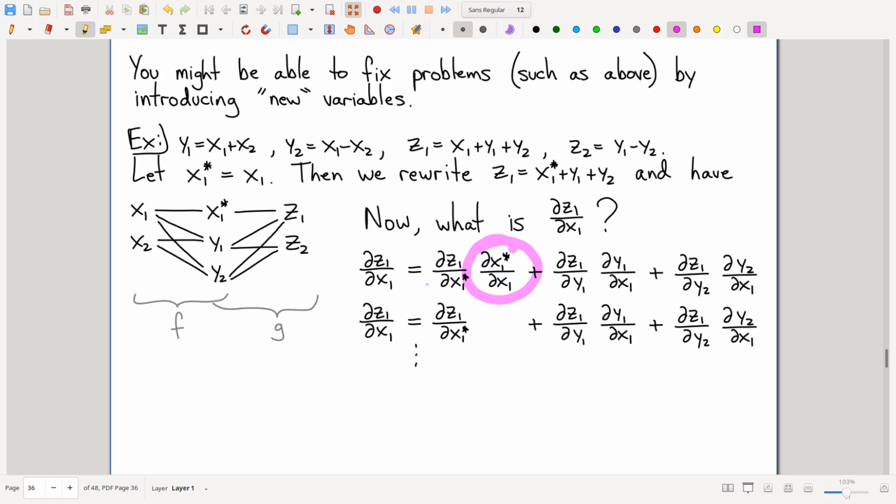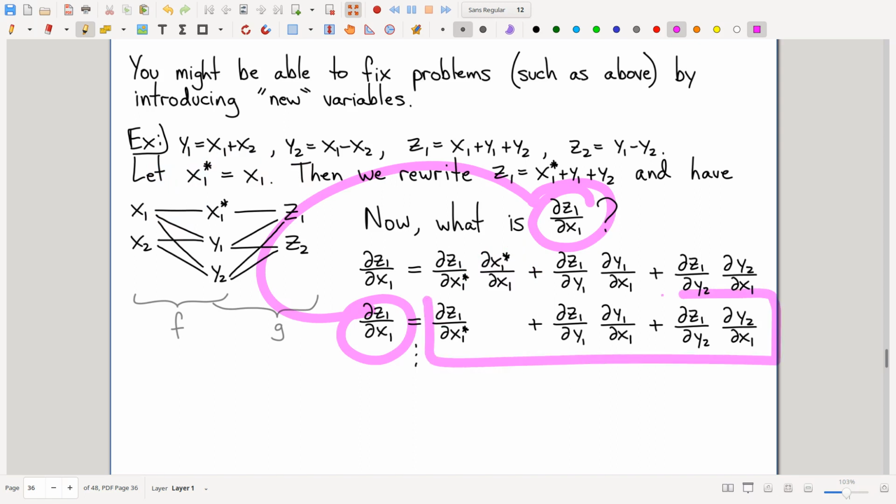Well, keep in mind x1 star is x1, so that's just one. We're taking the partial of something with respect to itself. So easy. And this gives us a meaningful answer to the question of what this partial derivative is.